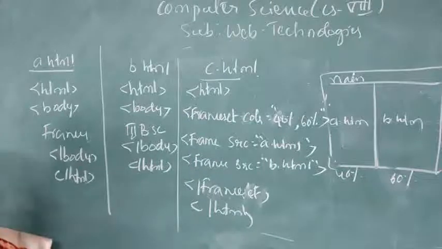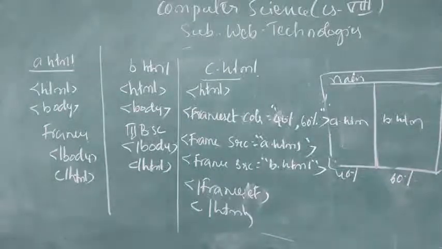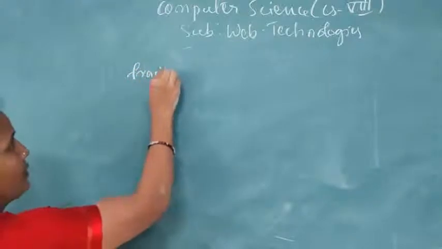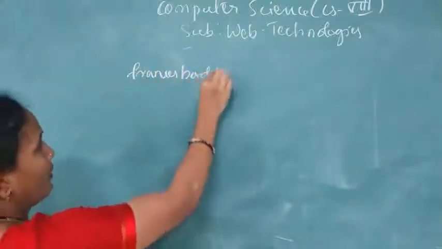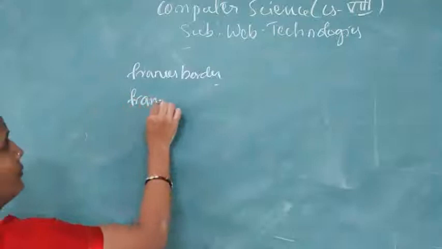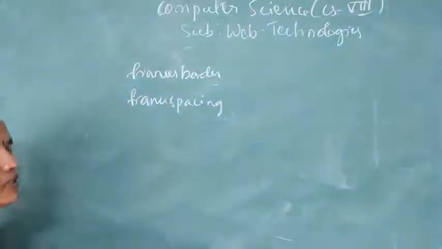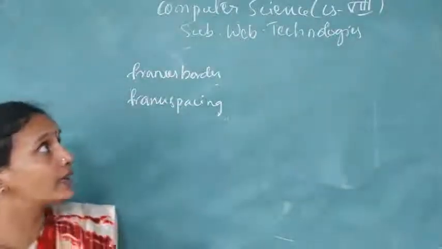I will explain the attributes of the frameset tag. Here we have two attributes: frameborder and framespacing. Actually, these attributes are included inside the tag only.